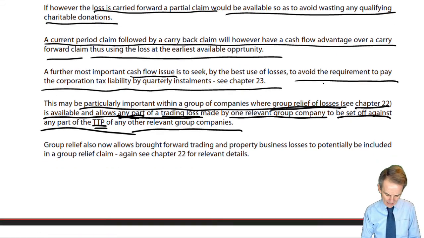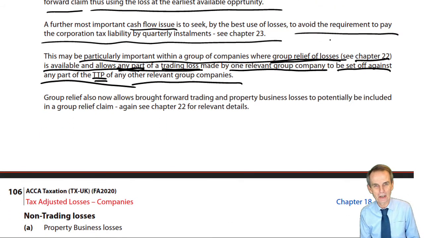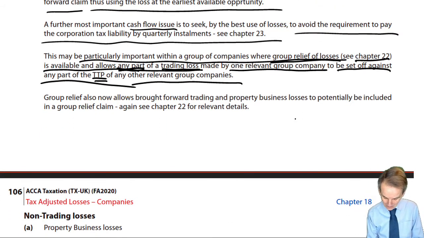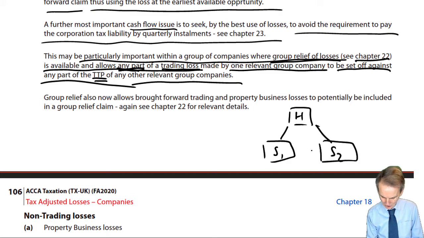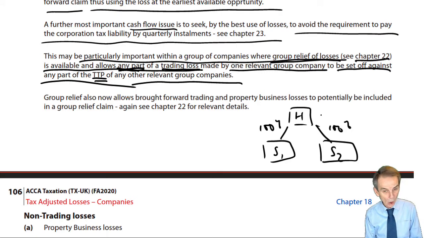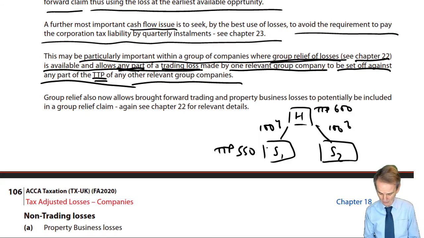So what that would mean, if I just advance our studies of groups for one moment: if we've got a holding company and we've got S1 and S2, both wholly owned subsidiaries, we might have the holding company with a TTP of 600,000, S1 with a TTP of £550,000. Again, this is bottom line taxable total profit.